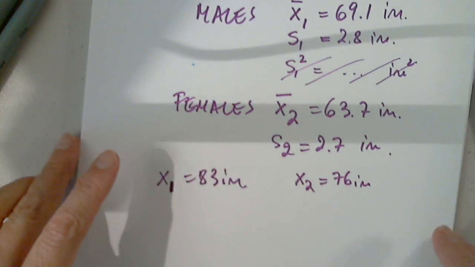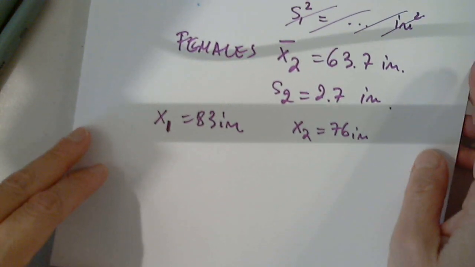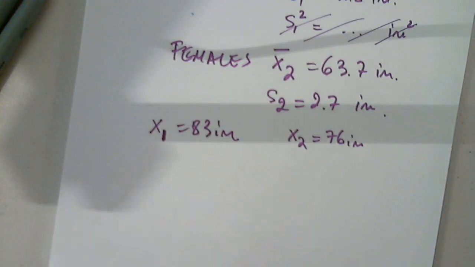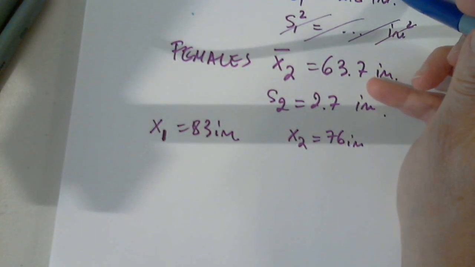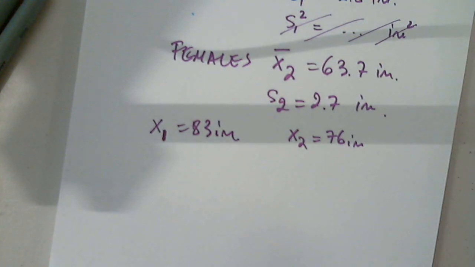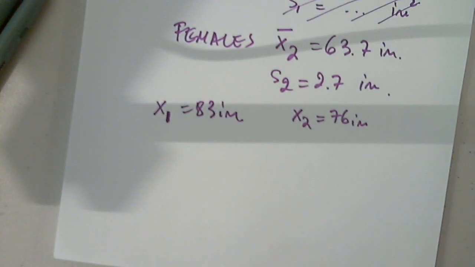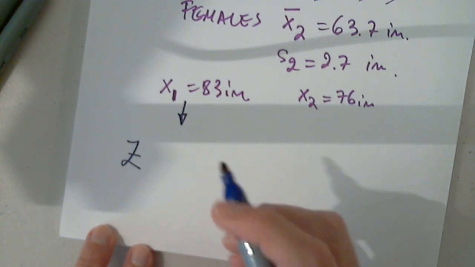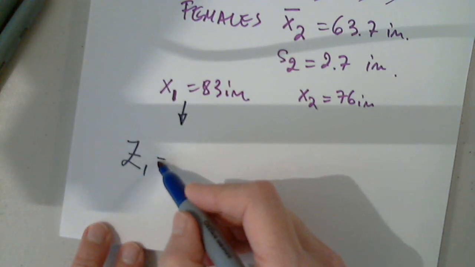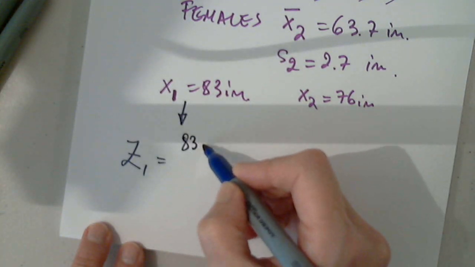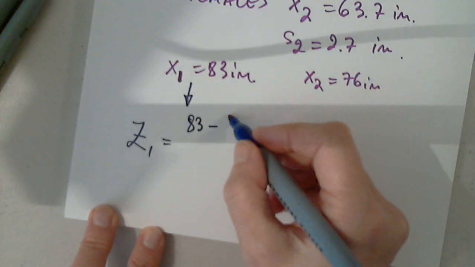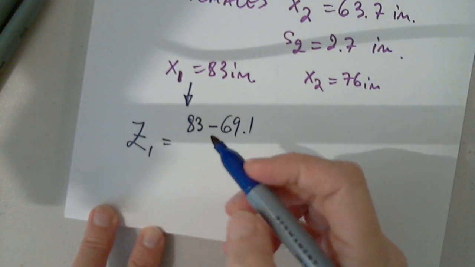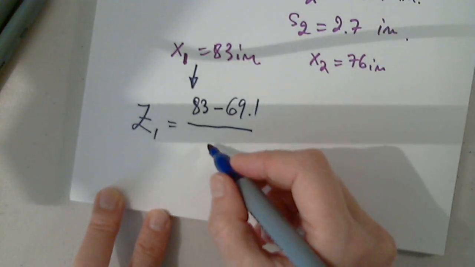So, Kevin is taller. Say it again. Kevin is taller. Okay. Very tall. But we still have to compare relative to the sample that he's coming from. Okay, so let's do that and then draw a conclusion. So we will determine for Kevin his z-score, z1, which will be his height minus the mean height in his sample divided by the standard deviation of his sample.